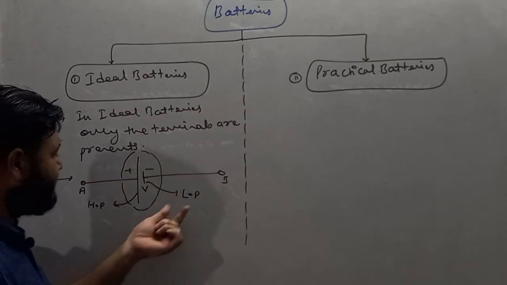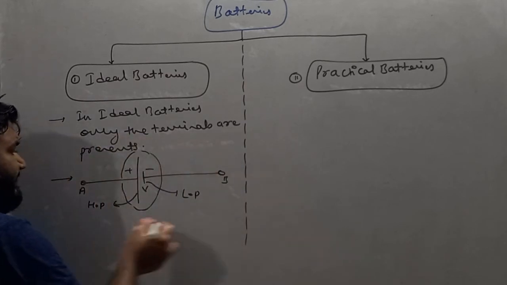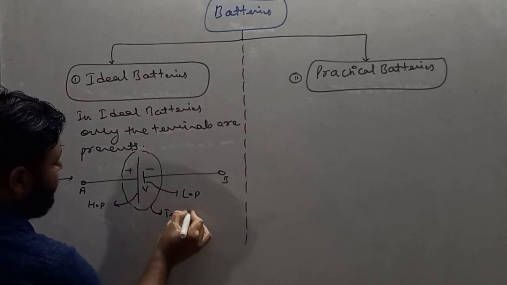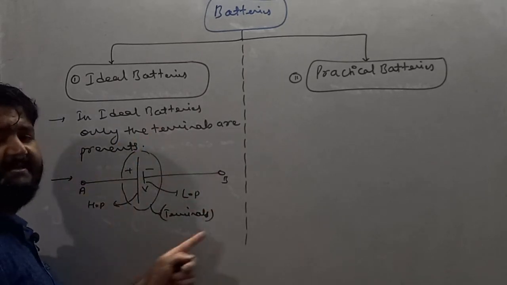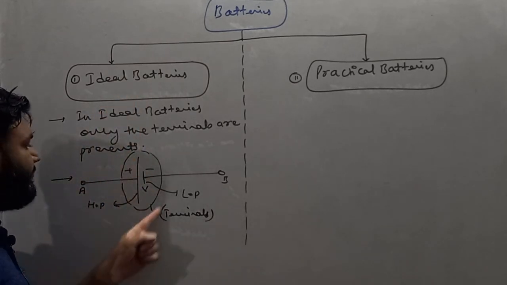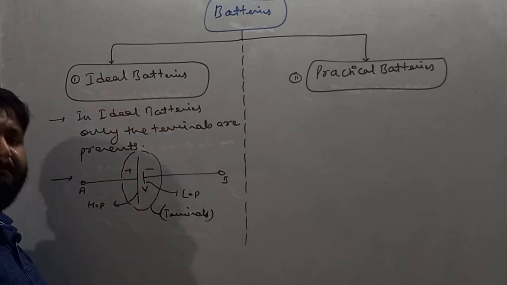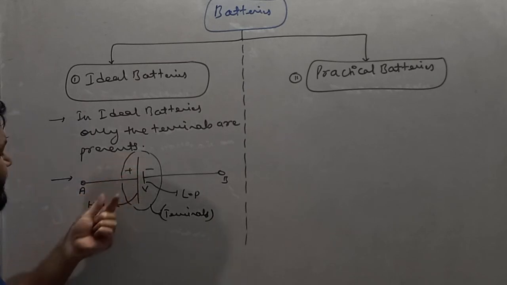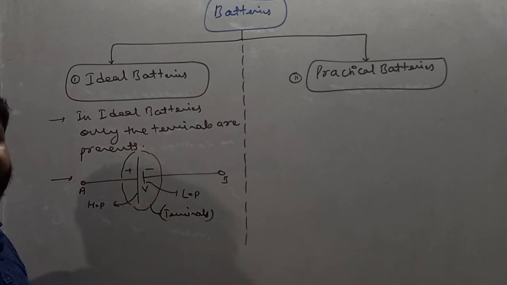The smaller stick represents lower potential and the bigger stick represents higher potential. So if only terminals, this plus and minus, are present, then the battery is said to be an ideal battery. The positive terminal represents higher potential and the negative terminal represents lower potential.